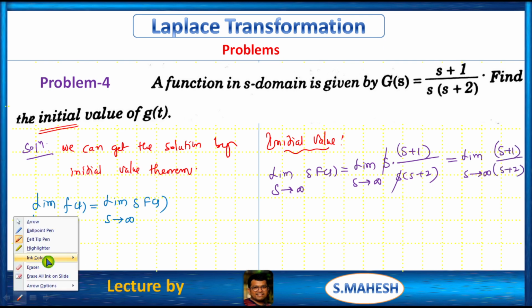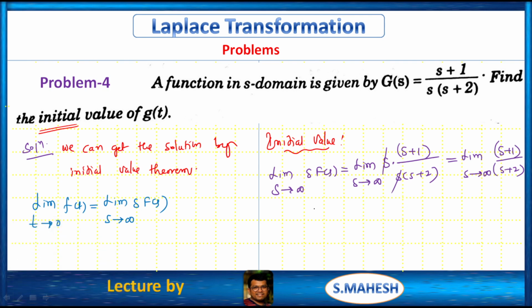From this, limit s tends to infinity s into F of s equals limit s tends to infinity, I can take s common: (1 plus 1 by s) by (1 plus 2 by s). Then s gets cancelled.